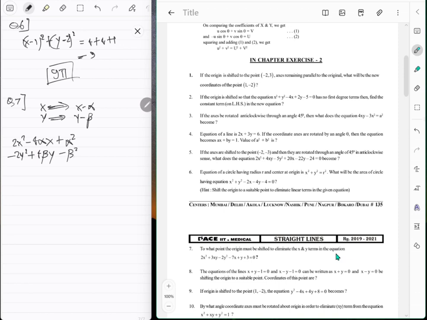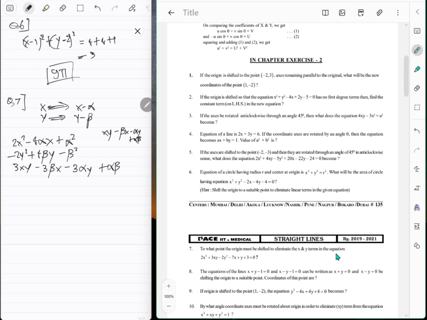And 3xy will now be xy minus beta x minus alpha y plus alpha beta, plus 3 times that, so 3xy minus 3 beta x minus 3 alpha y plus alpha beta.